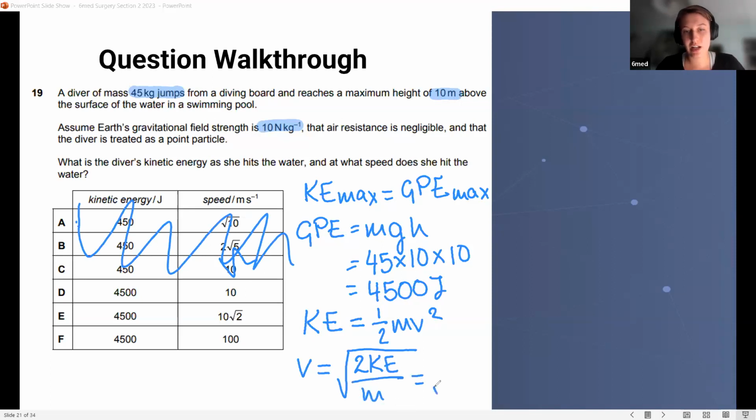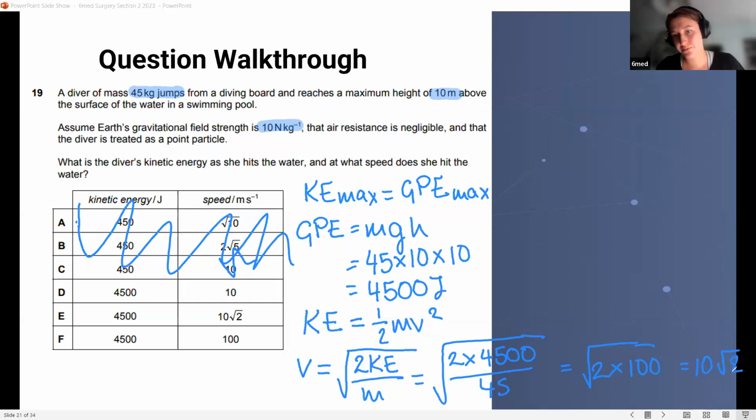If I substitute my values in, I'd get 2 times 4,500 divided by 45. I'm going to simplify that to get 2 times 100, which is the same as 10 root 2, giving you an answer of E.